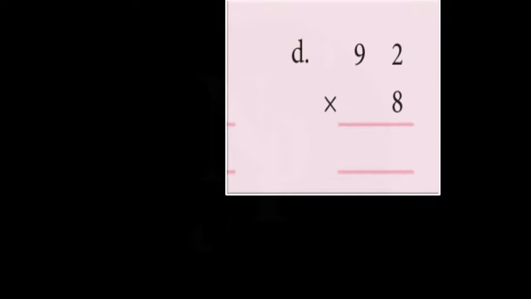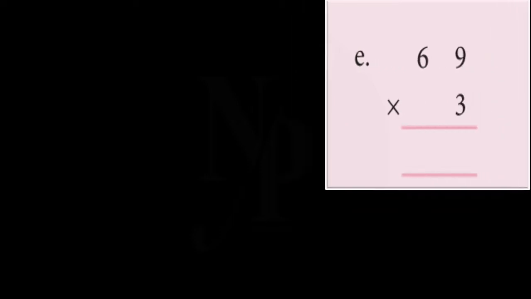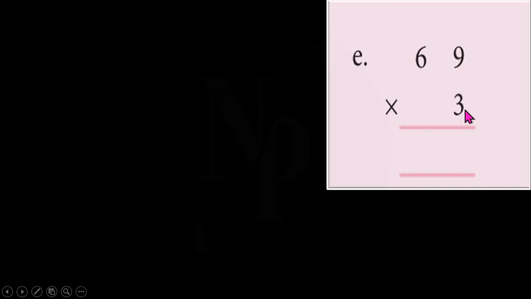Next question is D. 92 into 8. 8 2s are 16. We write 6 in one's place. 1 ten is carried forward. 8 9s are 72. 72 plus 1 is 73. Therefore, 736 is the product of 92 and 8. Next question is E. 69 into 3.